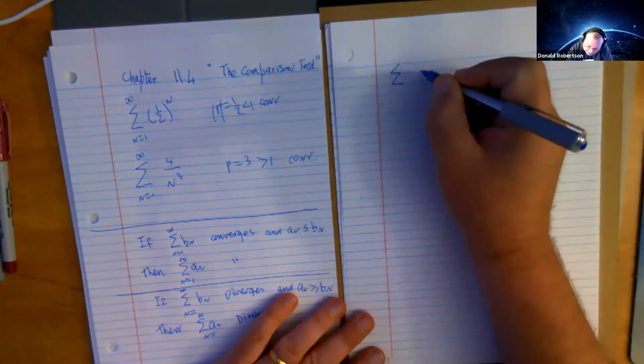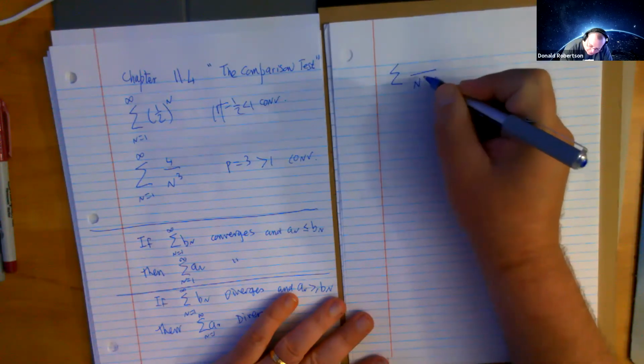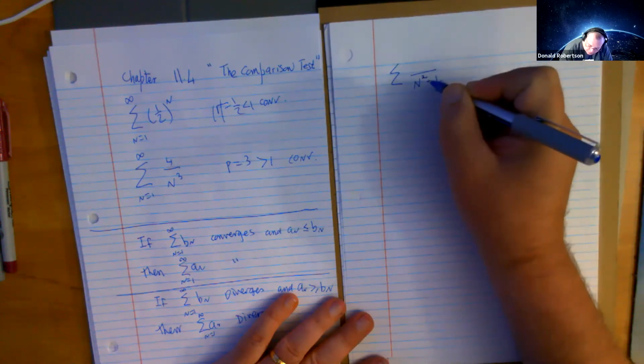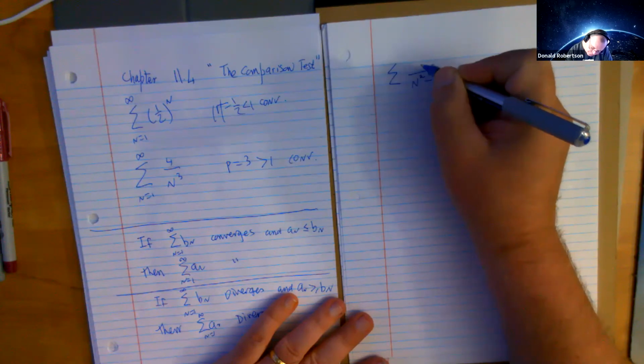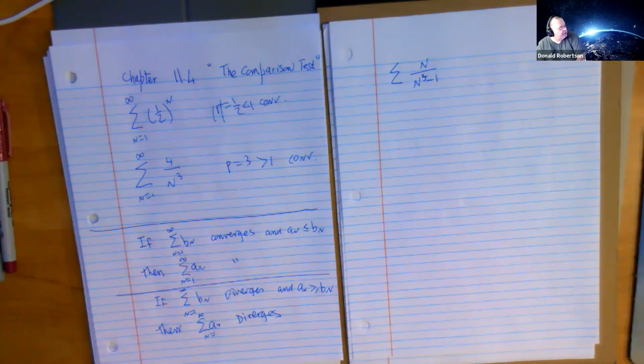Suppose I had, make it cubed, suppose I had this guy. U subs won't help me. Partial fractions won't help me. And you can't integrate it with any normal technique I know of. So the integral test fails because you just can't figure a way of doing it. But I should be able to compare it against something.